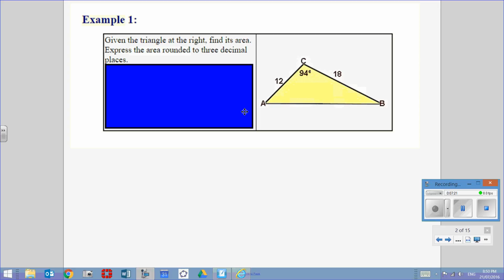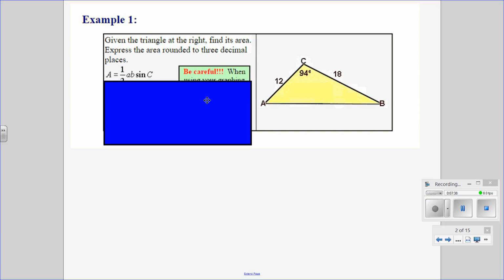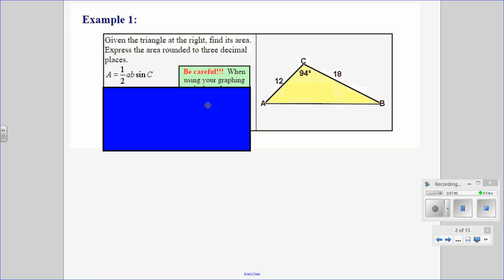So taking a look at this example, given the triangle at the right, find its area. Express the area rounded to 3 decimal places. So we have two sides and we have the included angle. Again, these could have been labeled however we wanted to, but let's go ahead and use the formula that we just derived.